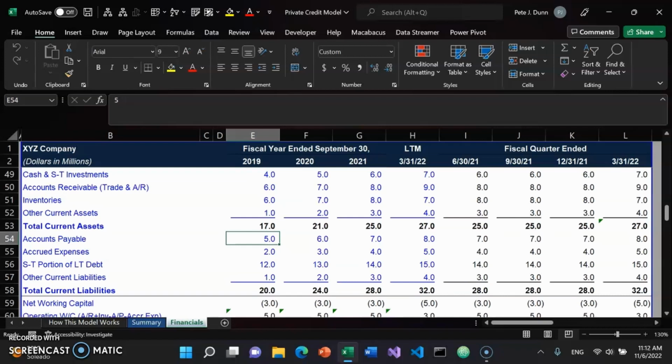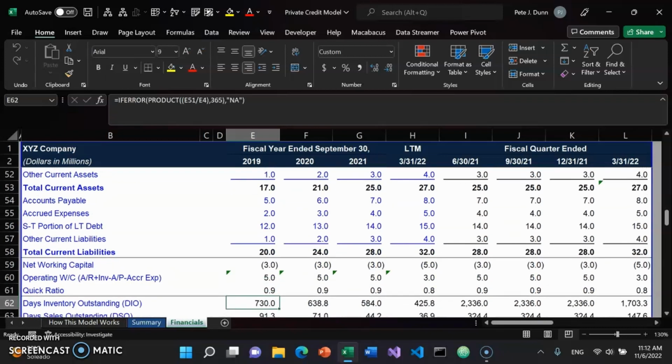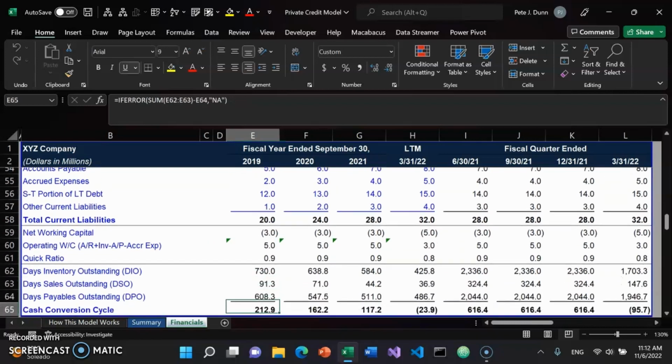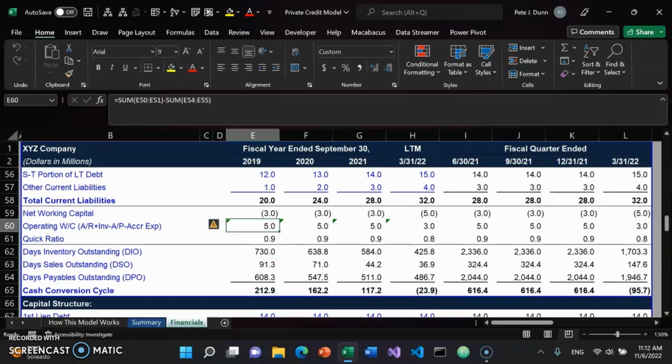Accounts payable as well, which is a current liability. You sum these accrued expenses, short-term debt, things like this, sum up to give you the total current liabilities. And you can see the working capital is just current assets minus current liabilities. Then we have something called operating working capital, which is accounts receivable plus inventory minus accounts payable and accrued expenses.